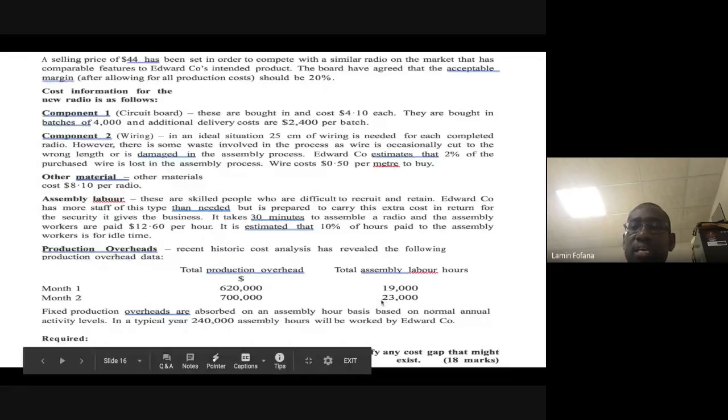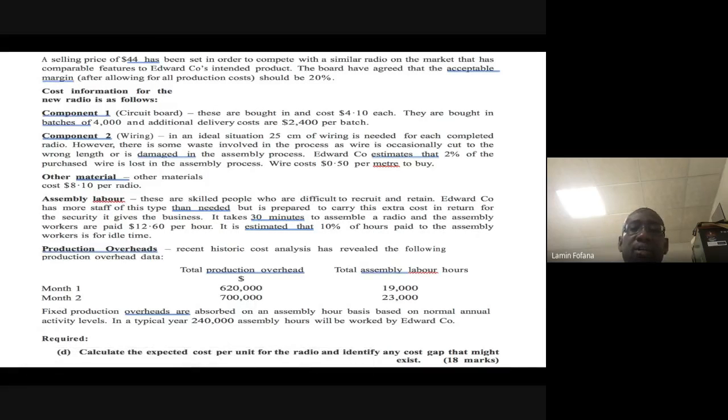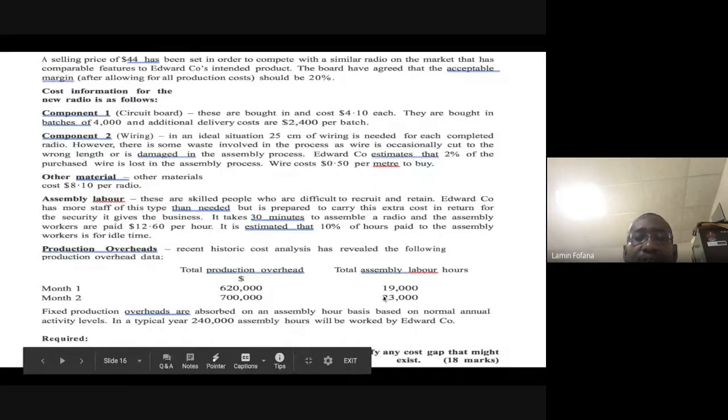The activity level here is assembly labor hours. So find the difference between the two activity levels, and the difference between their corresponding overheads. The difference in cost divided by the difference in hours gives a rate. That rate will always be your variable cost. That variable cost can be substituted into either the highest or the lowest activity level to arrive at your fixed cost. That's what we call the high-low method.